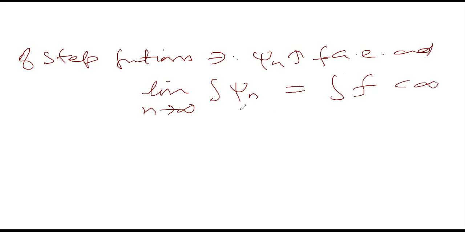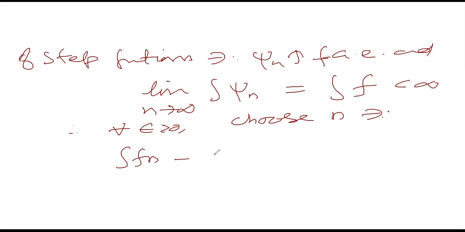Okay, therefore for all epsilon positive, we can choose n such that the integral of f minus the integral of psi m, we don't need to take the modulus, because psi increases to f, so that means the integral of f is always greater or equal to the integral of psi n for each n.